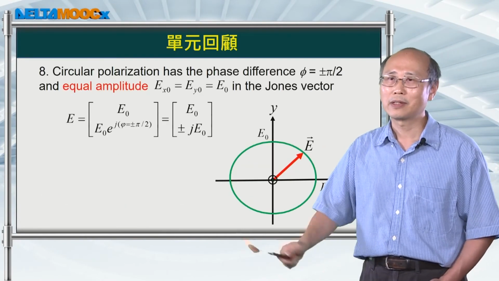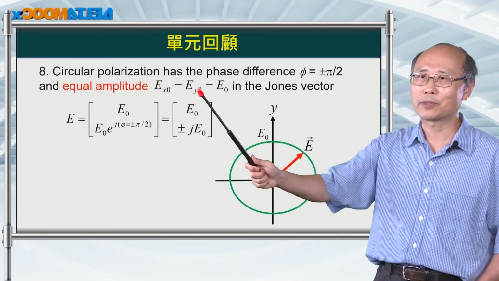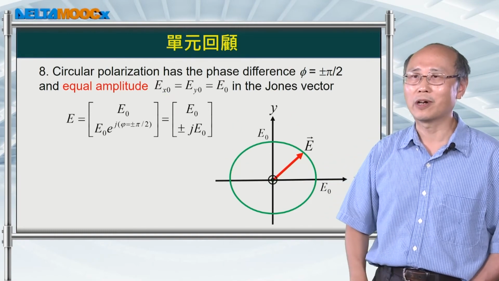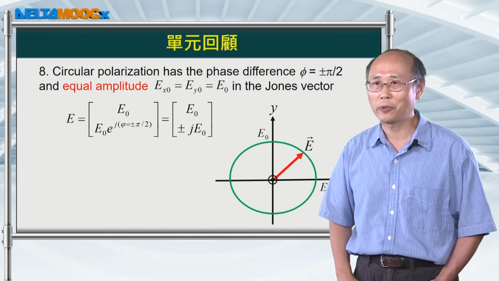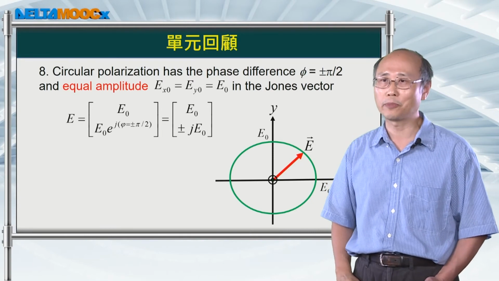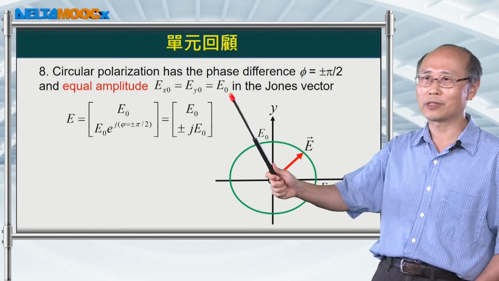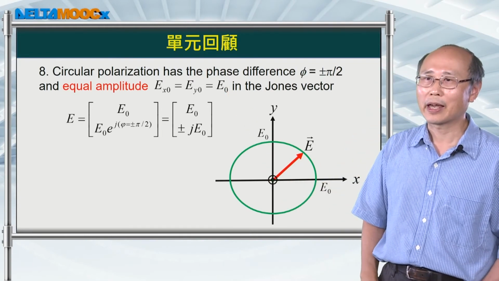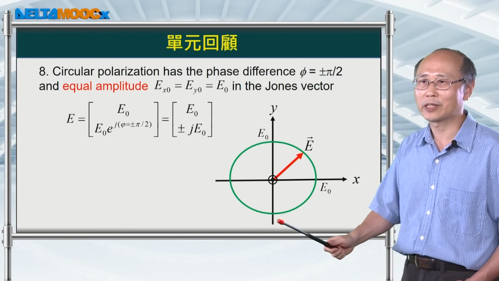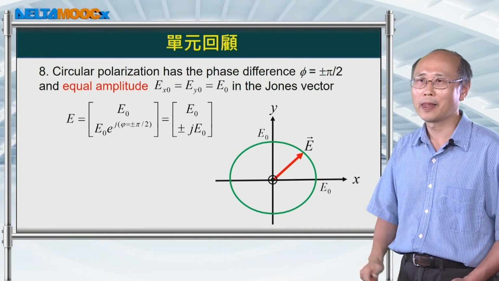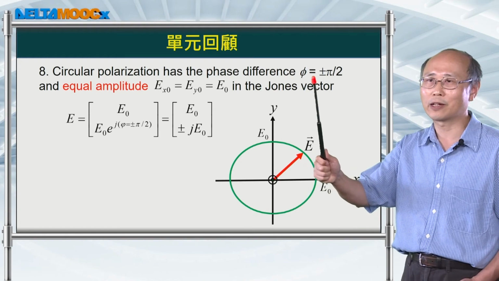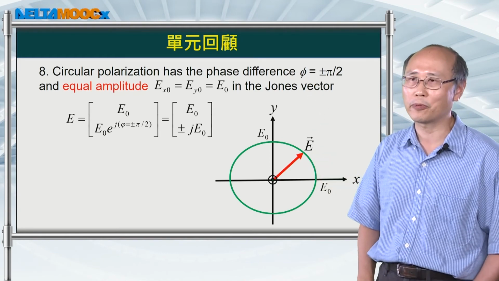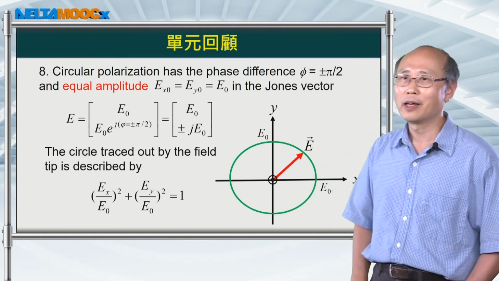And then we specify that the two amplitudes of the electric field component along x and y direction to be the same. They are both denoted by E0. And then you come up with the circular polarization state. And don't forget that we still fix the phase difference to be plus minus 90 degrees.